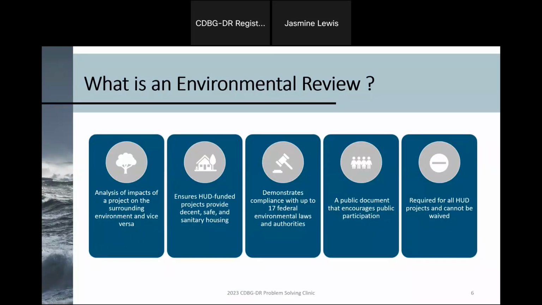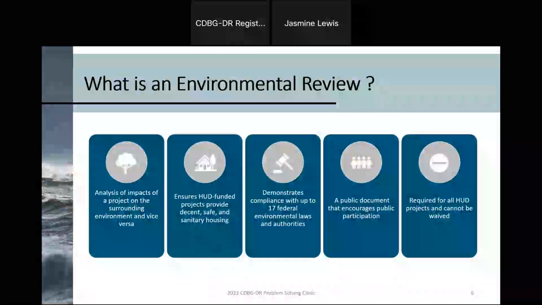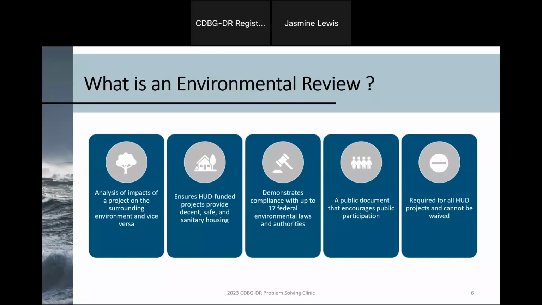This consists of identifying and analyzing known or potential environmental concerns that could adversely affect occupants of the project, as well as how the natural resources and community resources are affected as well. These reviews help ensure that HUD provides decent, safe, and sanitary housing, and also community infrastructure.